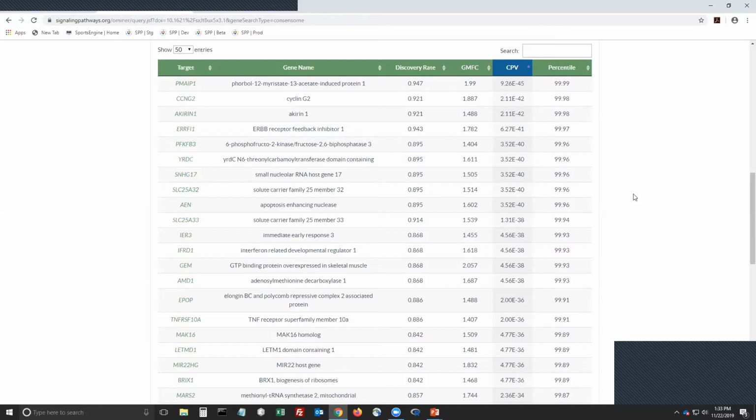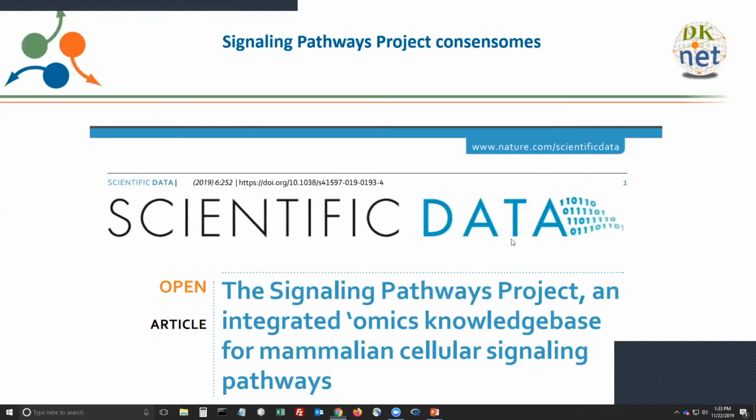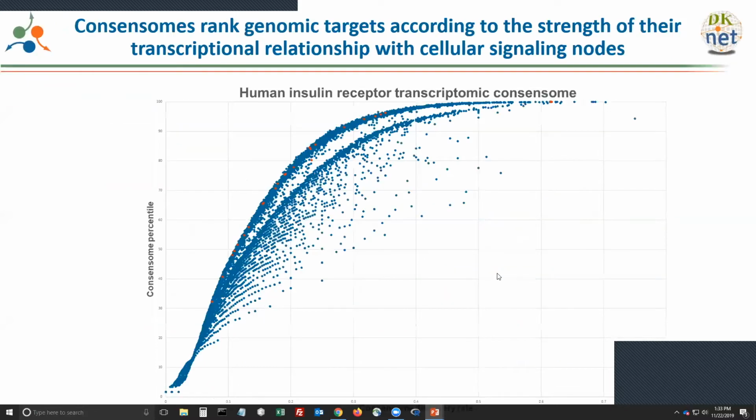So, a representation that isn't available on the site right now, but one that I think makes this idea easier to understand, is plotting these points in a scatter plot, where on the x-axis you have the discovery rate, which again is essentially the frequency over all of the experiments in which that specific messenger RNA was significantly differentially expressed.